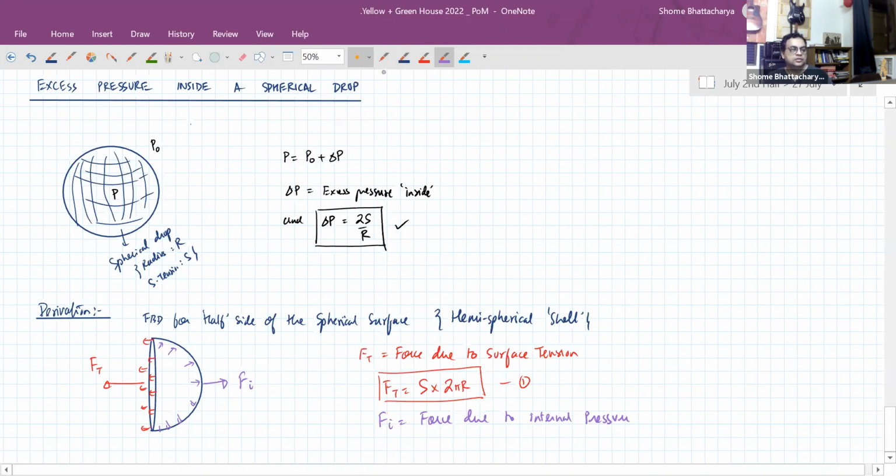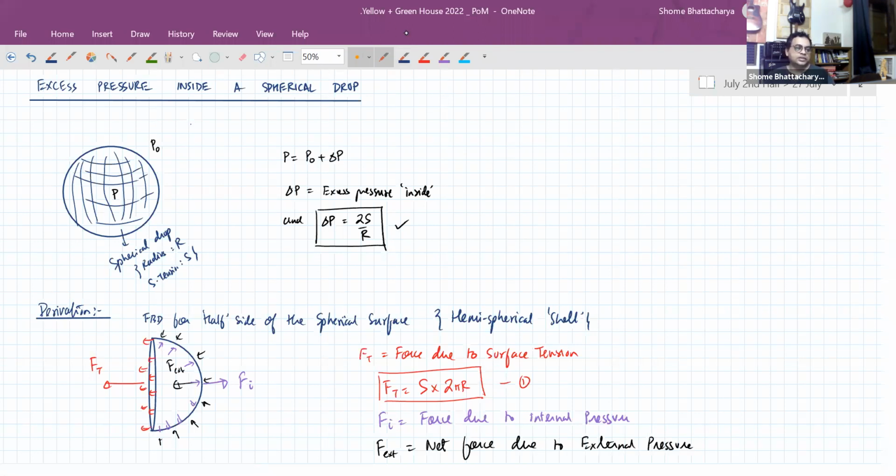But now the external pressure will also contribute towards an inward force like this. Let's say that's this. Okay. This is the net force due to external pressure. So just note down up to here, then we'll take it further from this point.